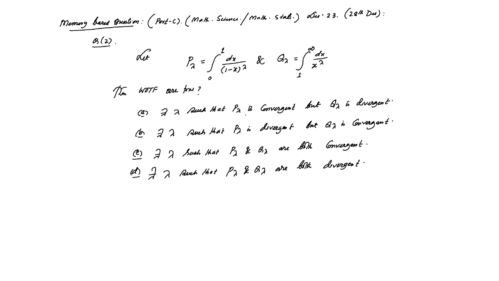There exists lambda such that P lambda is convergent, Q lambda is divergent. There exists lambda such that P lambda is divergent and Q lambda is convergent. Both are convergent. Both are divergent. So first we will recall some basic facts.